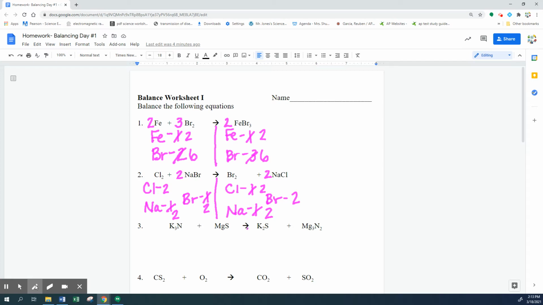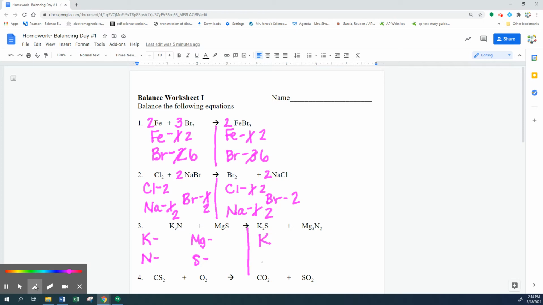Number 3, separate the reactants from the products. List out all of the atoms. I have potassium, nitrogen, magnesium, and sulfur. Okay.